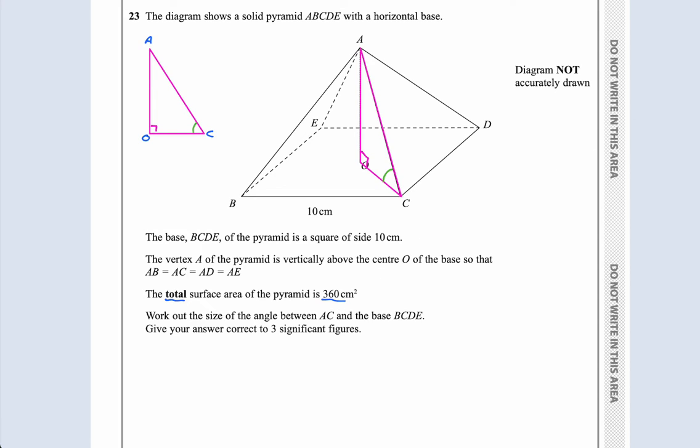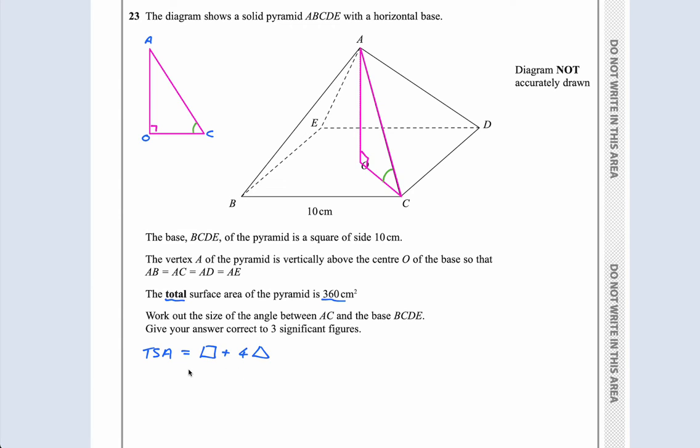Now that is the total surface area. So the total surface area, let's call it the TSA, is equal to the area of a square. So it's the square plus 4 triangles. Now you can write that, guys.